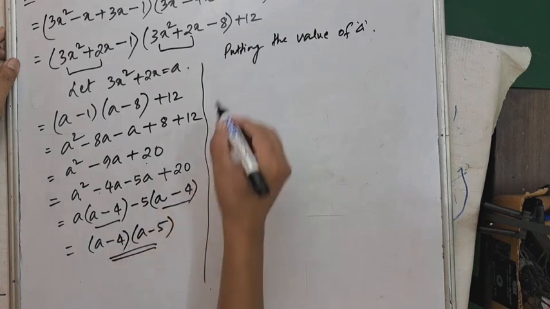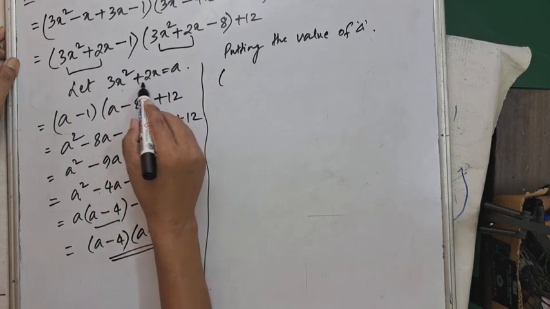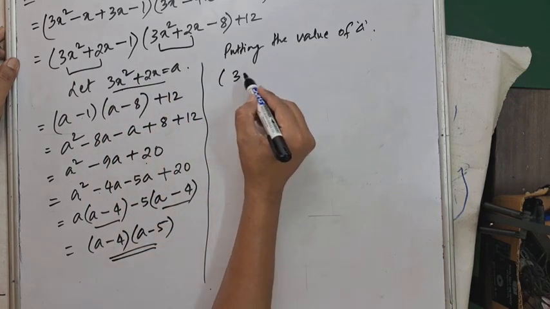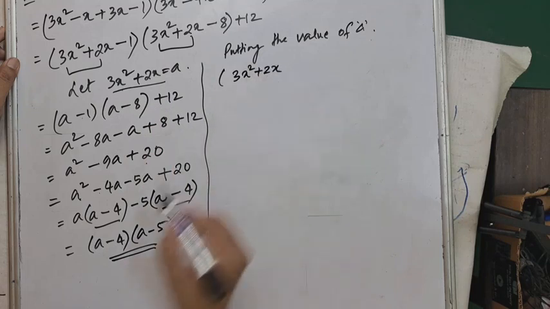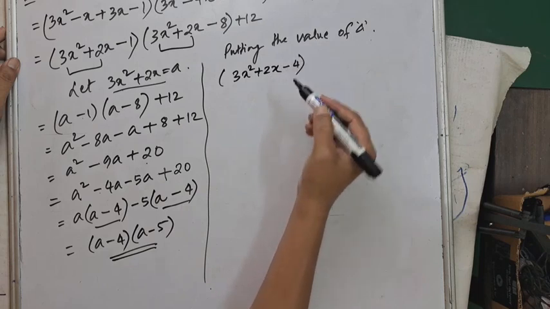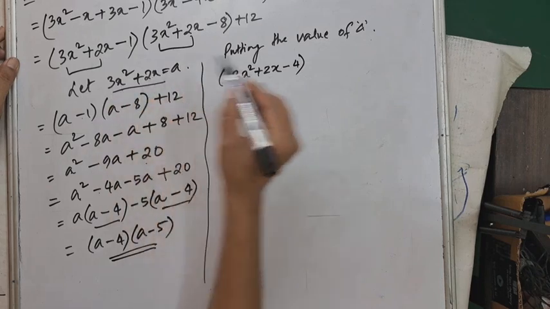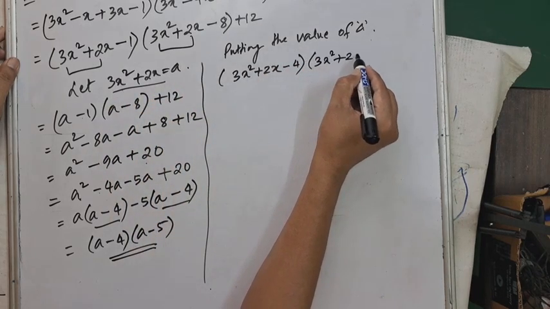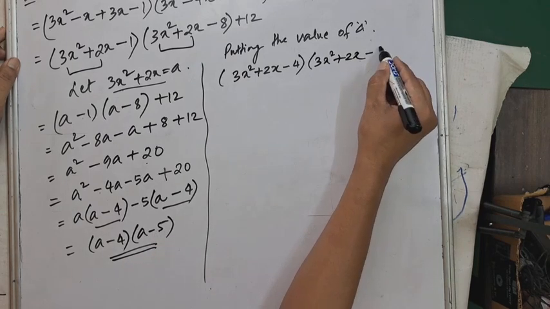A minus 4 means what is a? A is 3x square plus 2x. So a minus 4 means 3x square plus 2x minus 4. Again we have a minus 5. So a is 3x square plus 2x, and minus 5. Here minus 5.